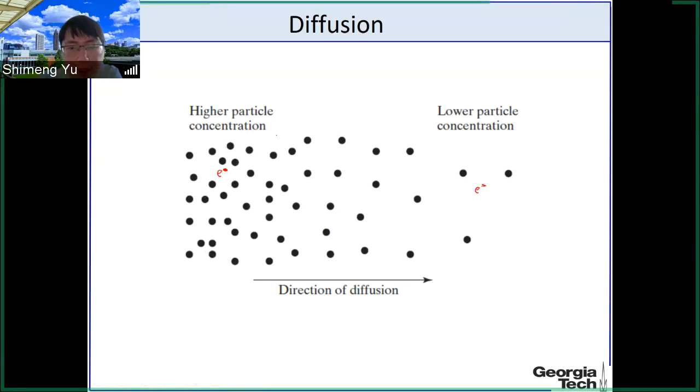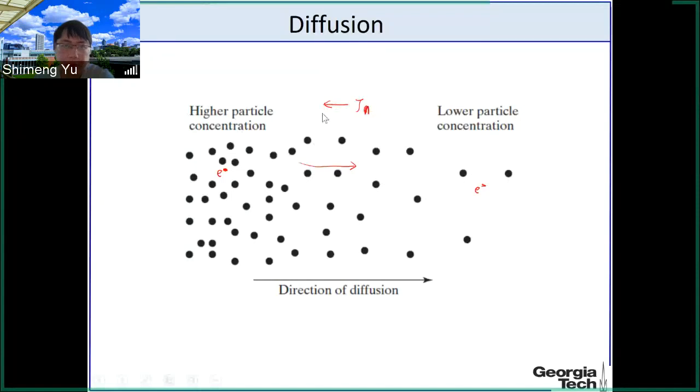So this will happen naturally, and then this is called the diffusion. So in this case, electrons move to the right, then your electrical current by diffusion will be the left.